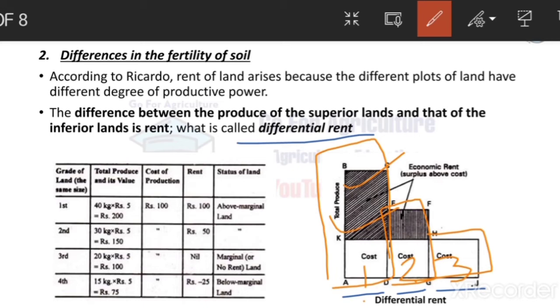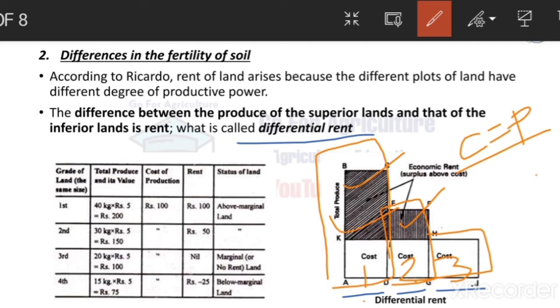In land 2 there is extra productivity, but not as much as in 1. But in 3 there is no extra productivity, meaning the cost is equal to productivity. In 1 and 2, this black shaded portion is the extra productivity.